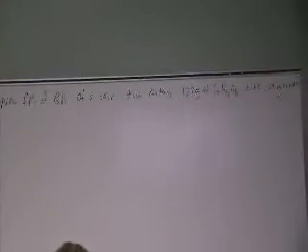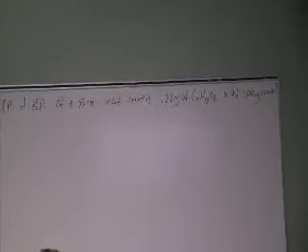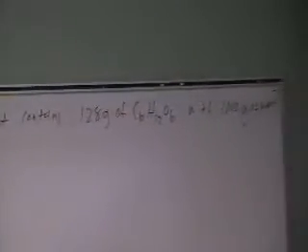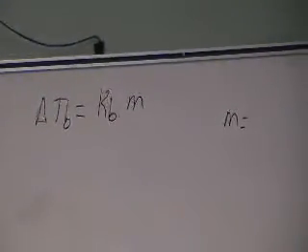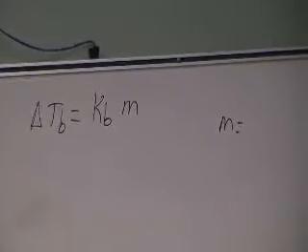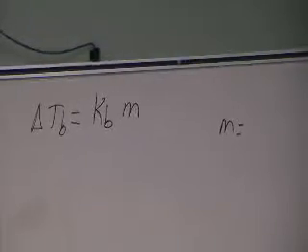Okay. So, the boiling point elevation is going to be K sub B times little m. Well, let's calculate little m first. Little m is going to be the moles of solute. So where's the solute here? Water or sugar? Sugar. It's the one in the least amount.